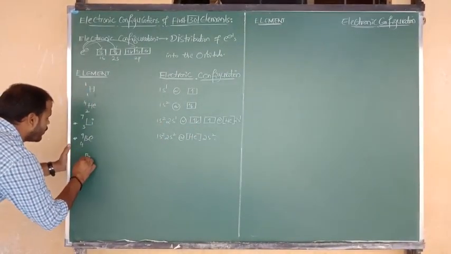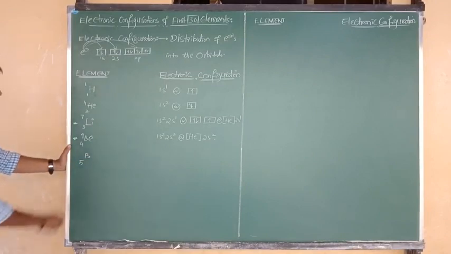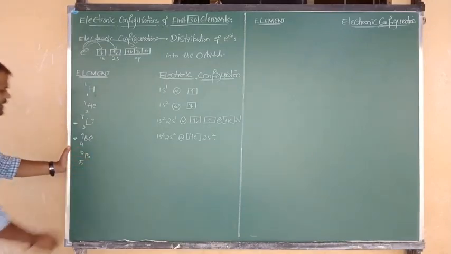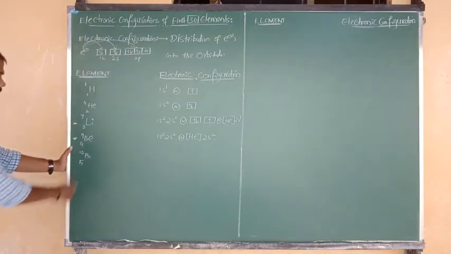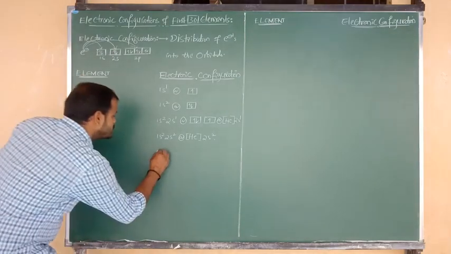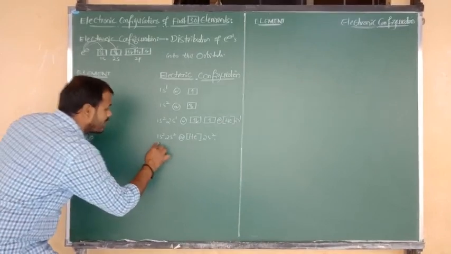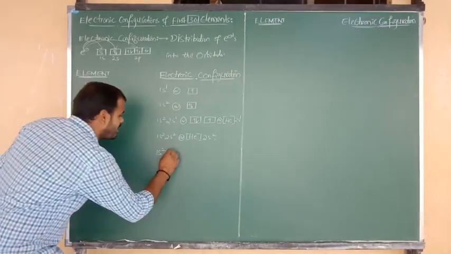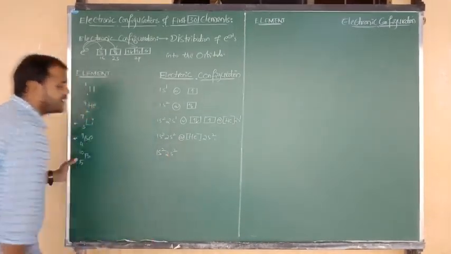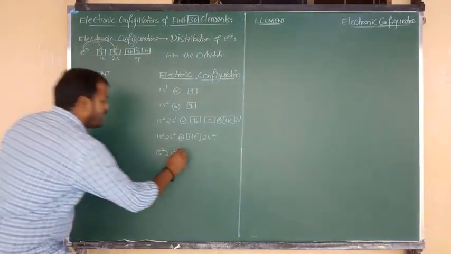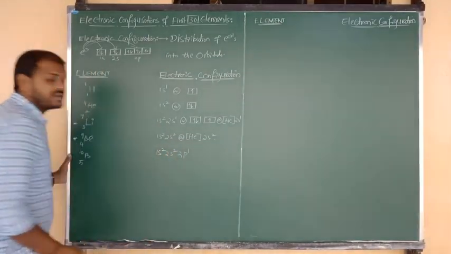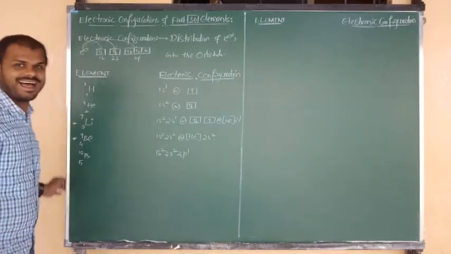Next one is boron. Atomic number is 5. Mass number is 10. How many electrons are there? 5 electrons. Out of 5, 2 electrons are distributed into the 1s orbital and 2 electrons into the 2s orbital. Another electron is distributed into the 2px orbital.